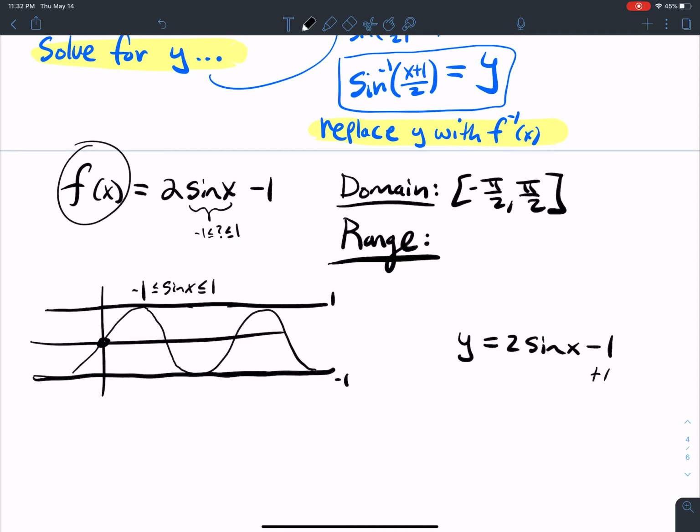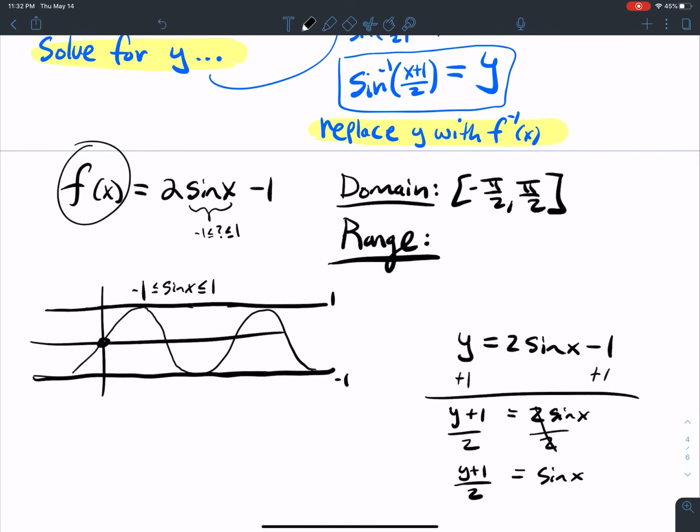Add 1 to both sides, which gets me 2 sine x equals y plus 1. Then divide by 2, which gets me sine x is equal to y plus 1 over 2.